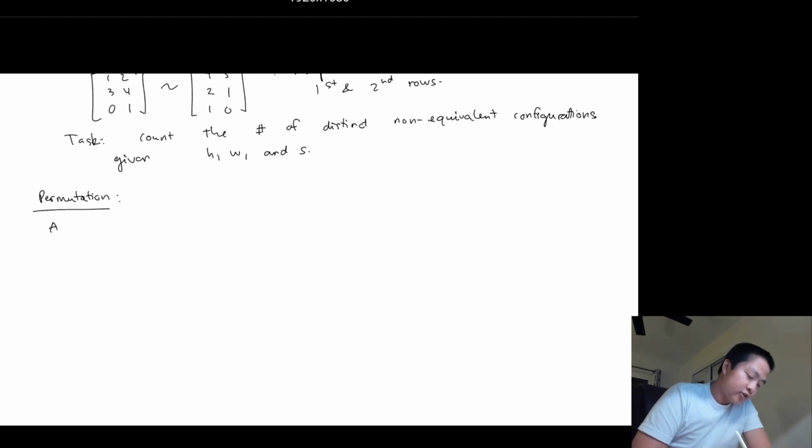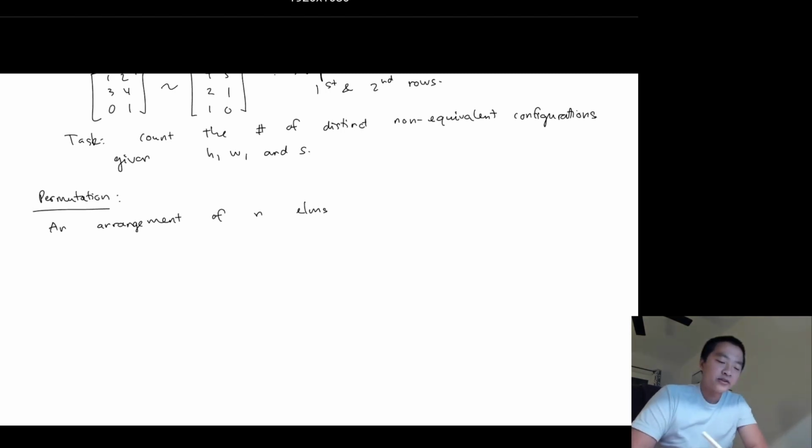it is just an arrangement of n elements. So we can just index the elements from 1 to n. Okay.